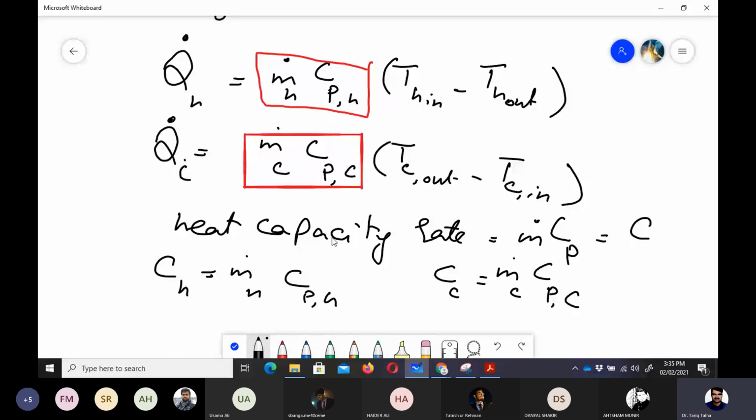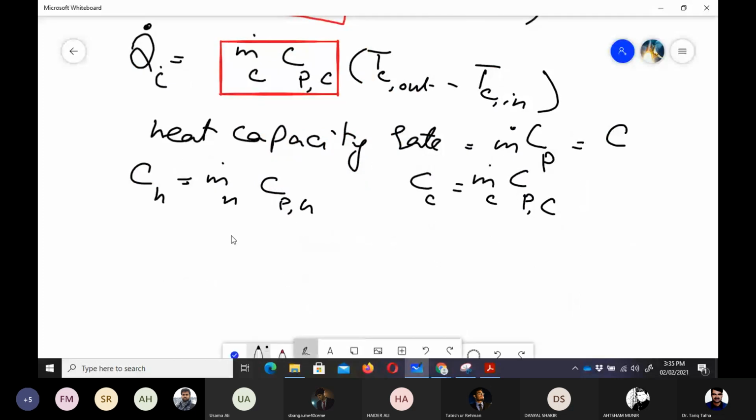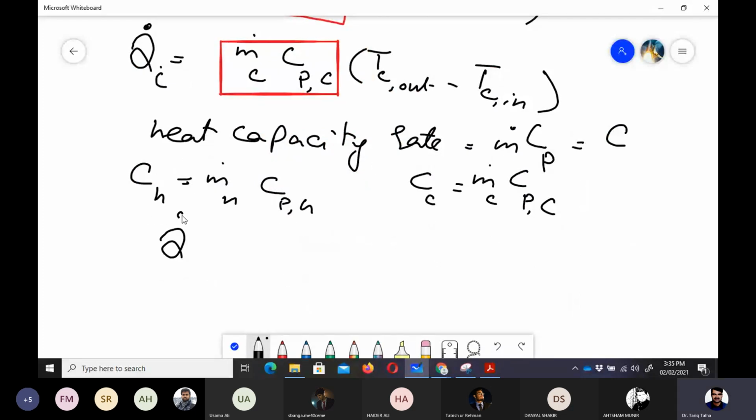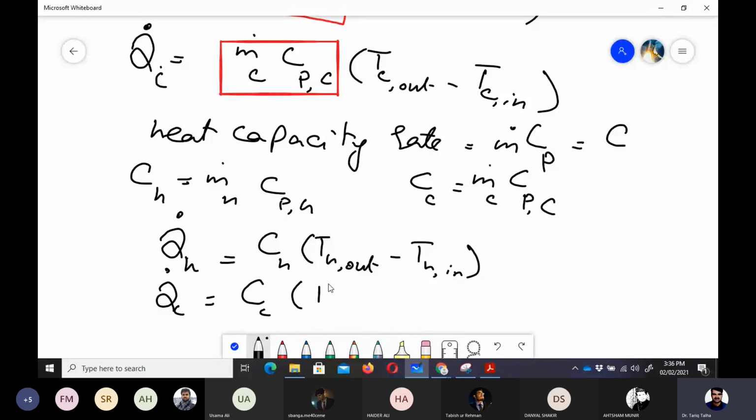So now we can simply write it like this: Q dot H is equal to CH into Th in minus Th out, and similarly Q dot C is equal to CC into Tc out minus Tc in.